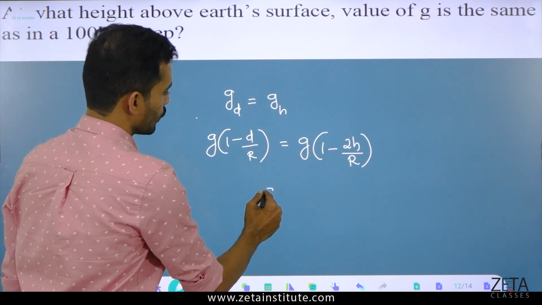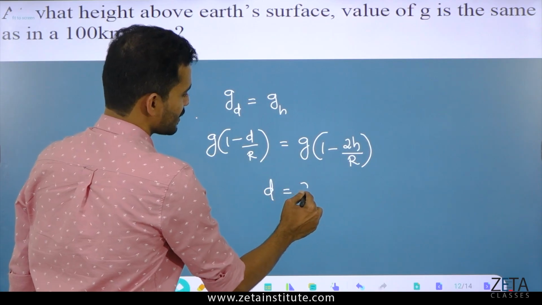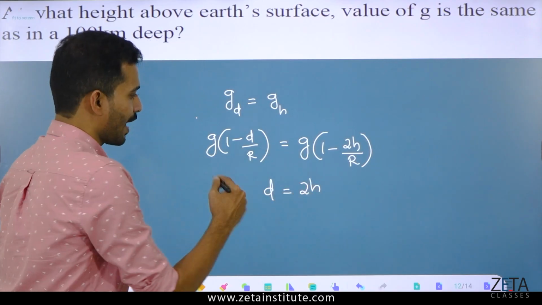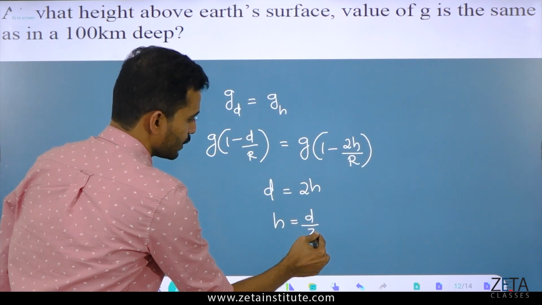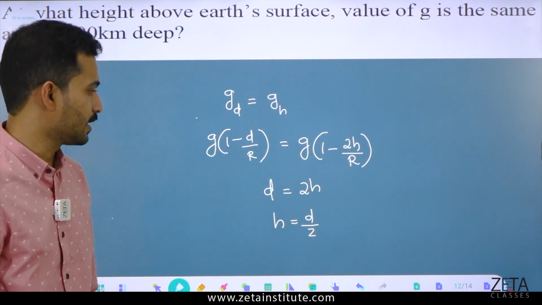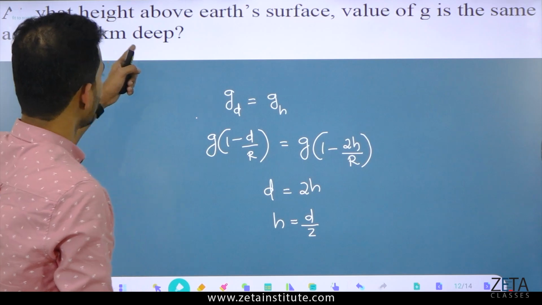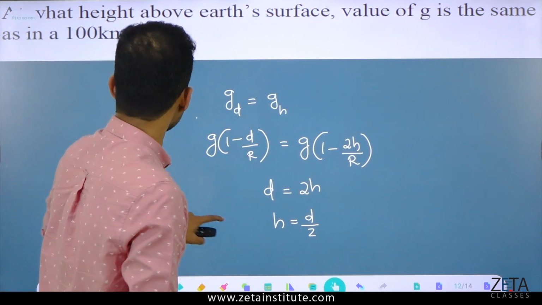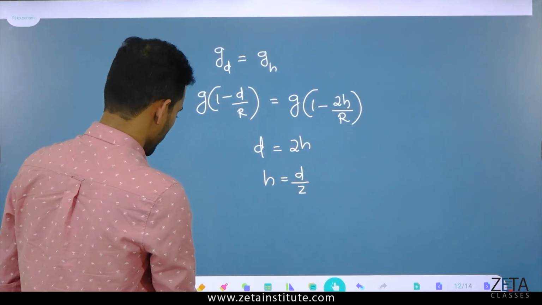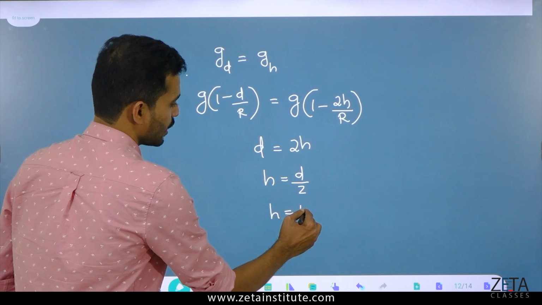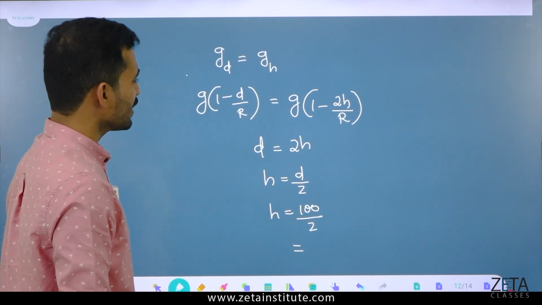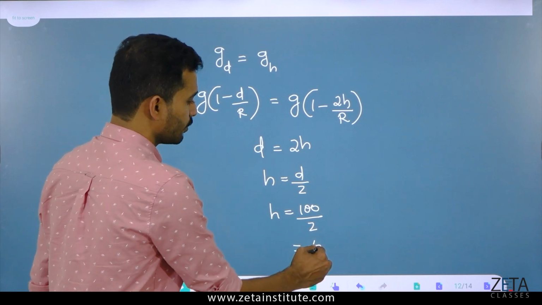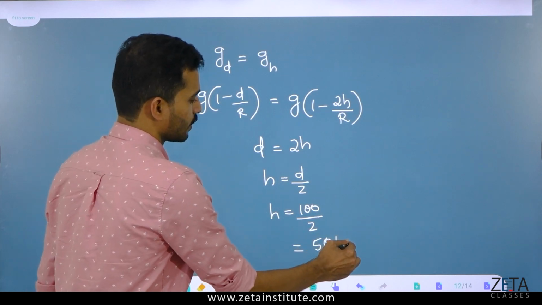By comparing this, what is the value of d? d is equal to 2h. So h is equal to d by 2. What is d? d is equal to 100 kilometer. So h is equal to d by 2, that is 100 divided by 2, which is 50 kilometer.